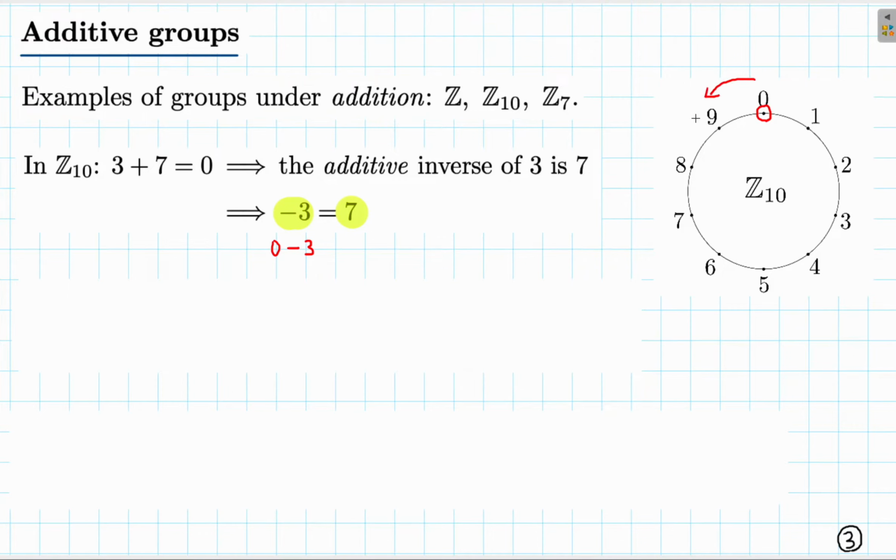So 1, 2, and 3, and notice that we land at 7. So our old way of thinking about -3 is consistent with this new interpretation of -3, namely the additive inverse of 3, which is equal to 7.